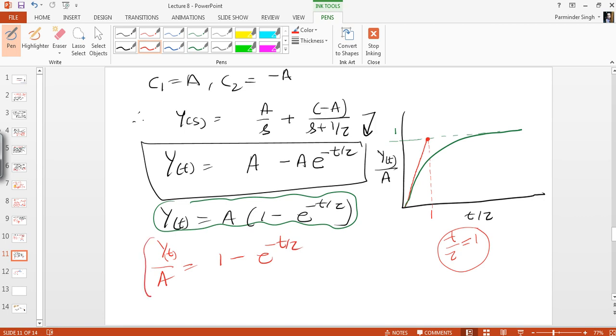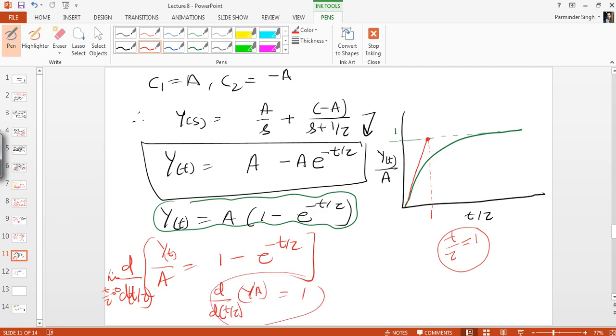Clear? Now if I differentiate this thing with respect to t by tau and put the limit t by tau approaches 0, what do we have? This will come out to be d by d(t by tau) of Y by A. This will come out to be 1.